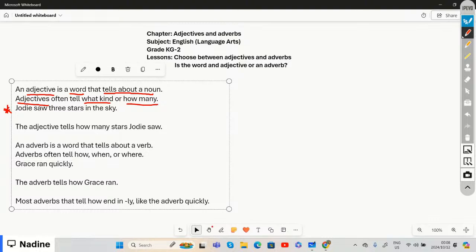If we were to identify our adjective within that sentence, then we can say three. And three basically tells us how many stars Jody can see in the sky.